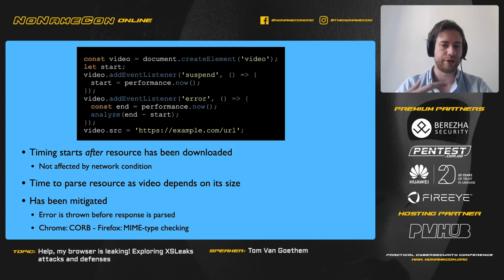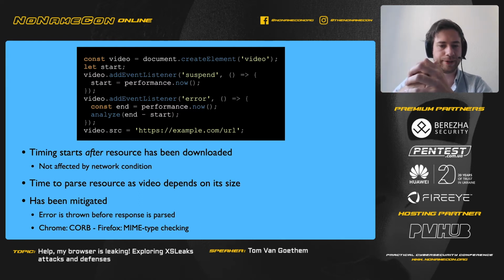So here's an example of this. Here we create a video element and add two event listeners, one for the suspend event and the other for the error event. And this suspend event will fire when the resource has been downloaded.